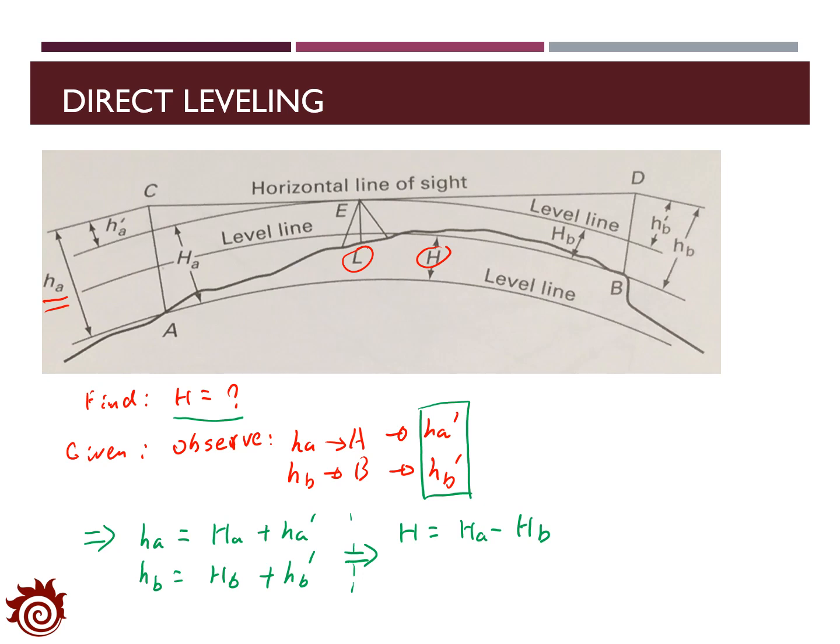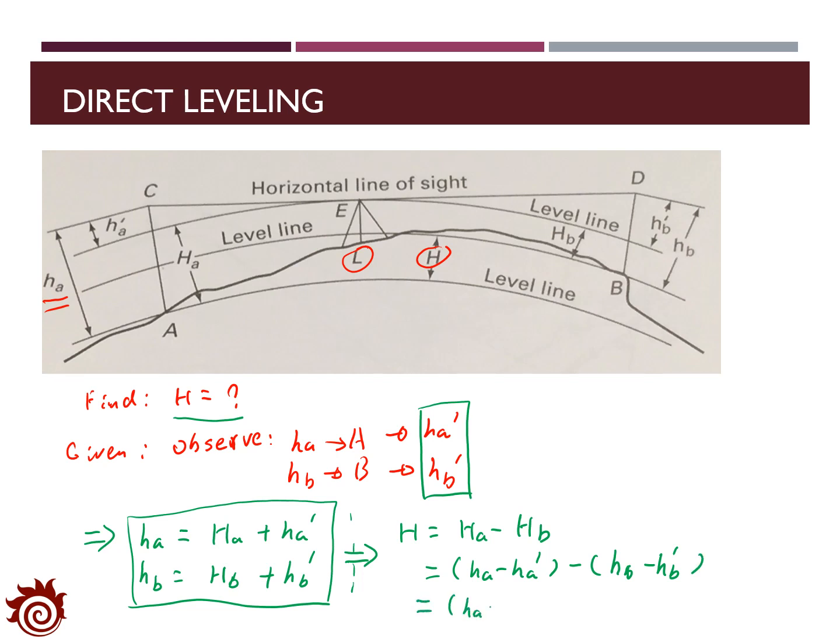From the previous two equations, we will get capital HA as HA minus HA prime, and capital HB as HB minus HB prime. So that will give you the value as HA minus HB minus HA prime minus HB prime.